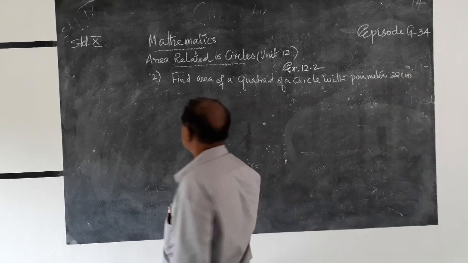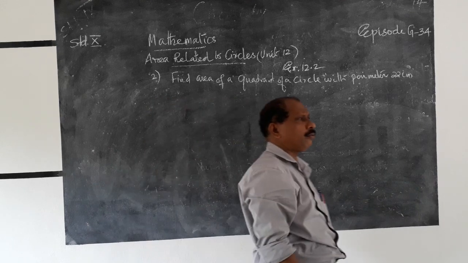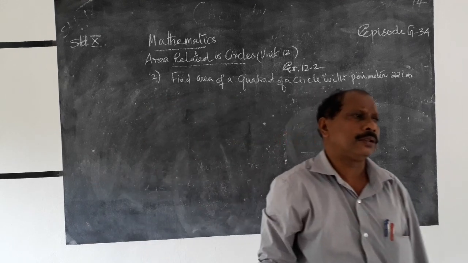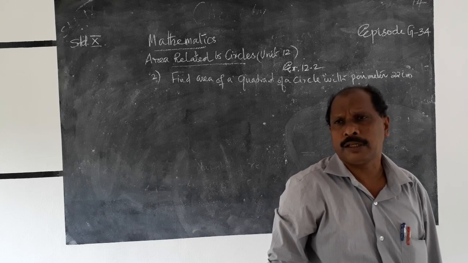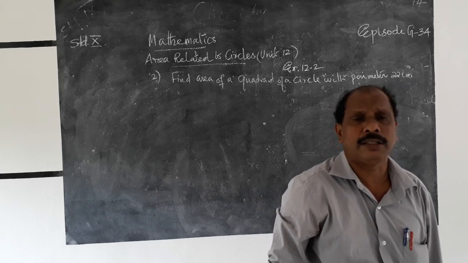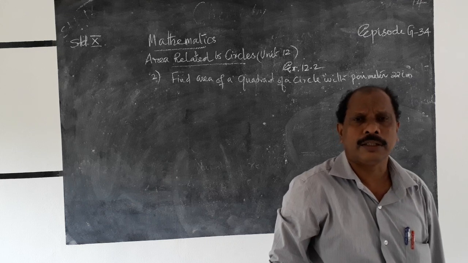That is the second question. Quadrant means 1/4 of all the part. Therefore, there are 4 parts. Therefore, 360 by 4, that is 90. Therefore, theta is 90 degree.